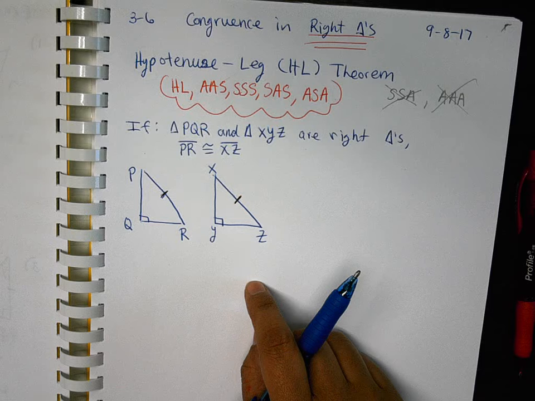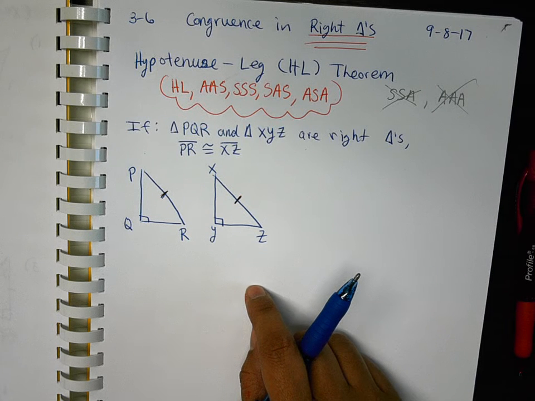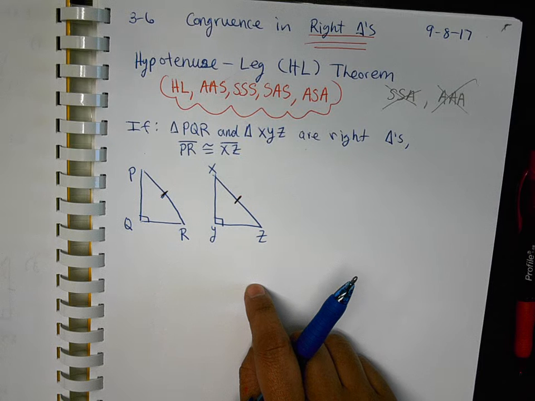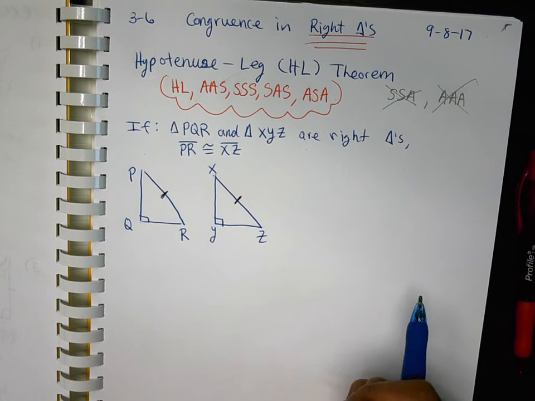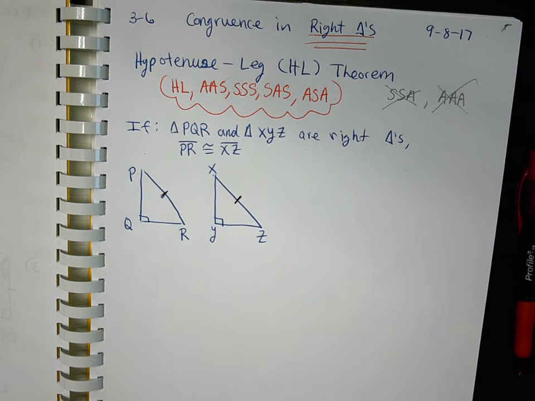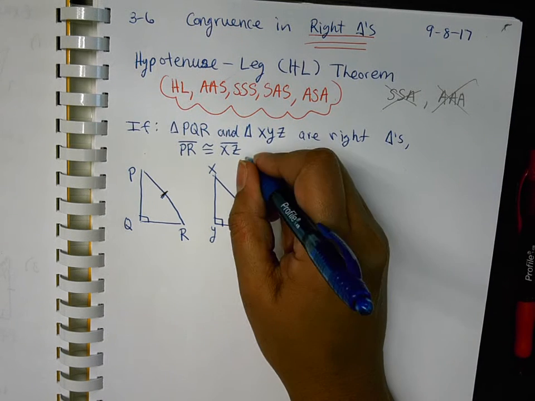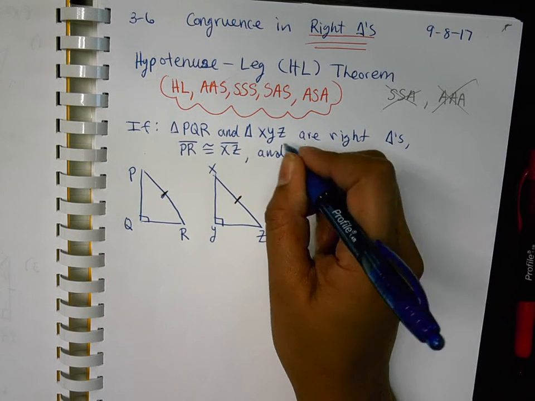Can anybody tell me any ways that you recognize a hypotenuse? It's the longest side and across from the right angle. Good job. It's always the longest side and it's always across from the 90. You'll need to remember that for today's lesson.